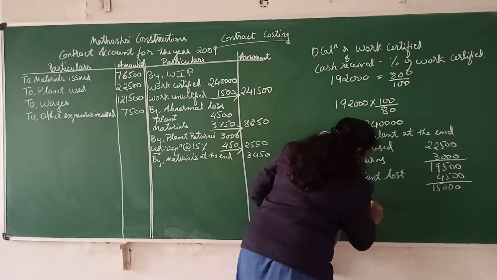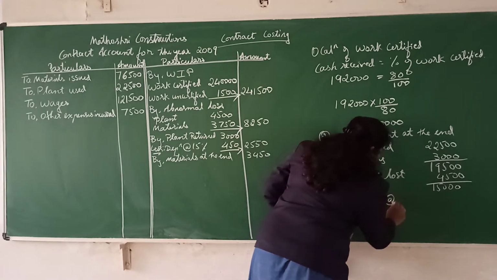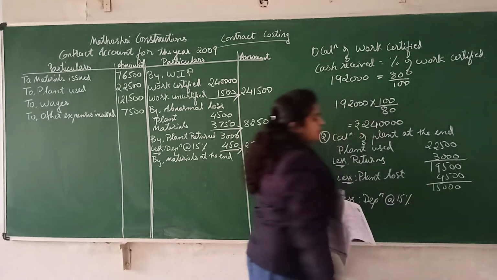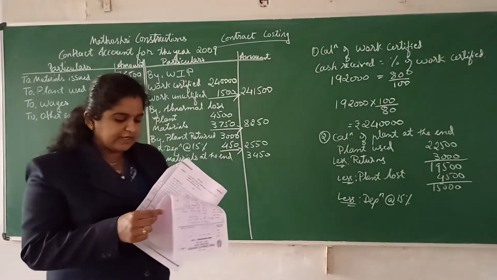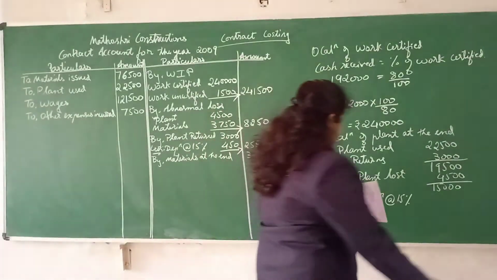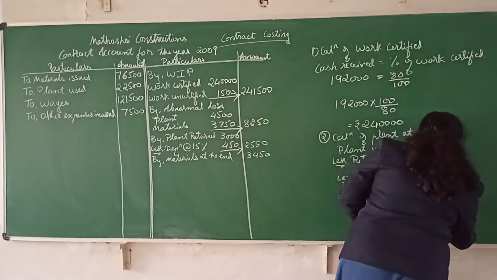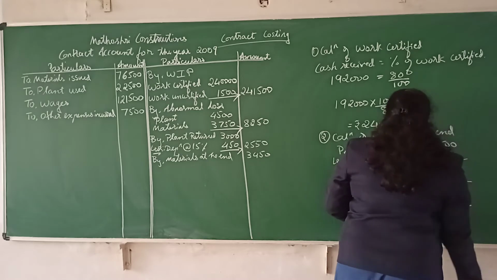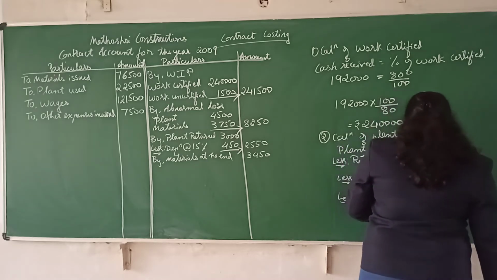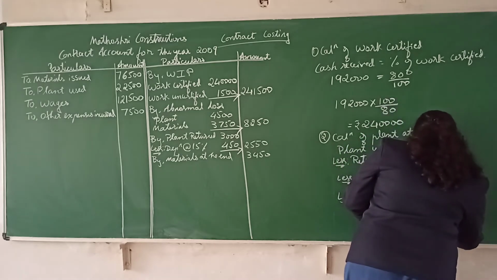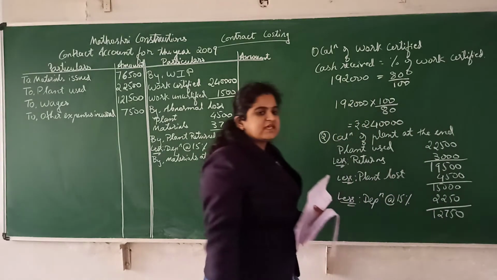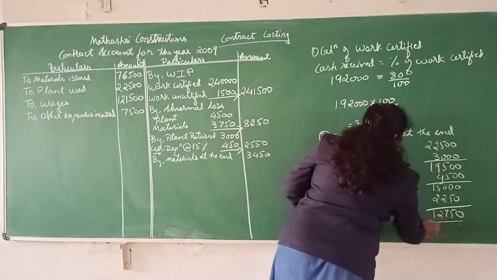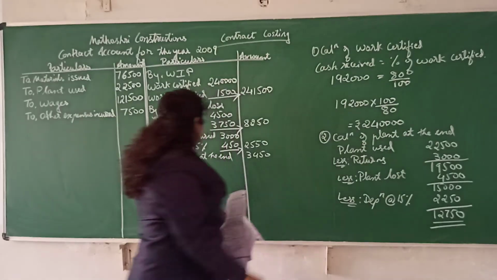Plus depreciation at 15%. Okay. So 15,000 into 15%. So that is 2,250. Deduct that amount, you will get 12,750.